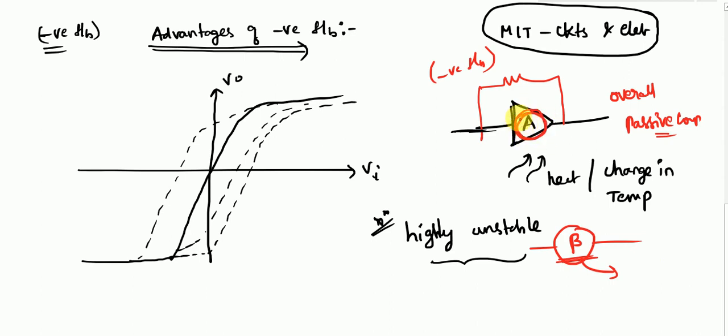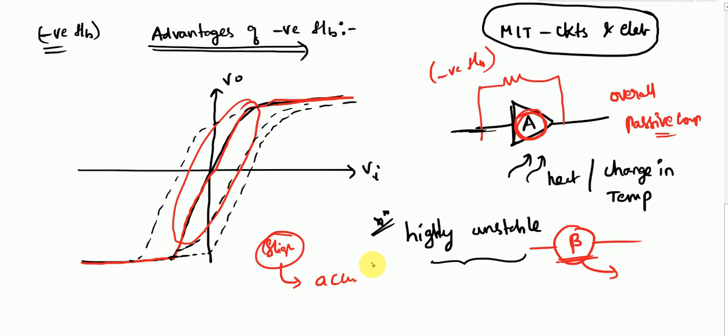So that's all we want, right? Now what happened is, even though there is a change in temperature, the fluctuations in the input-output characteristics didn't occur. Instead, the overall gain is slightly reduced. But the main motive of accuracy and stability is achieved by using negative feedback. This is the first and foremost important advantage of using negative feedback.